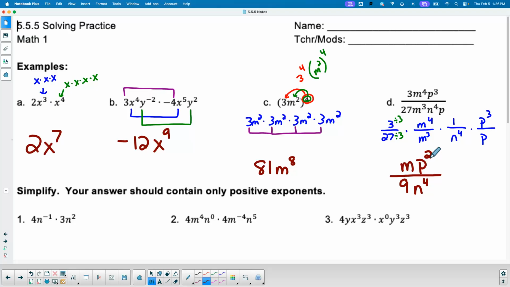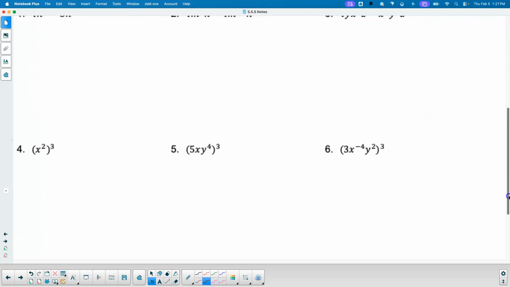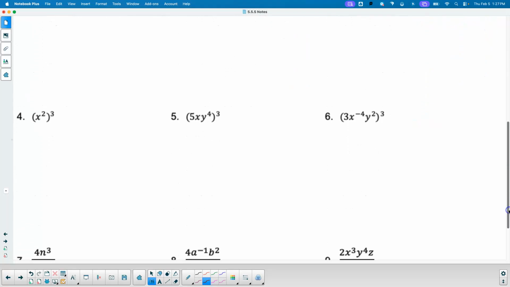Let's do number 1 together because it has also, well, no, hold on. I want to get a negative exponent one. There we go. Let's do number 6 together. So number 6 says we can take this power, this 3 out here, and apply it to the 3, to the x, and to the y.